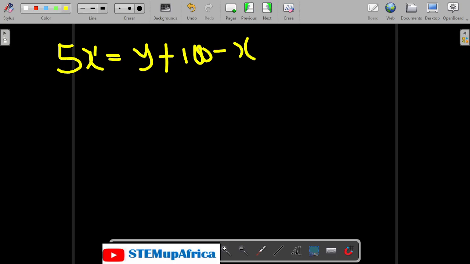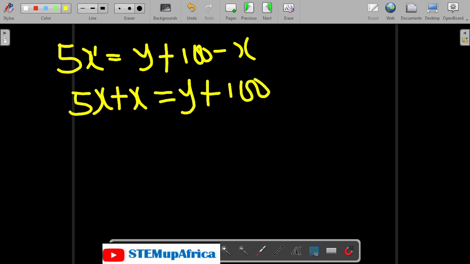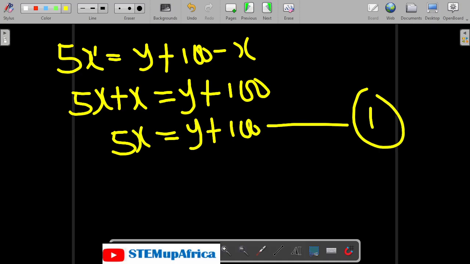From here I collect like terms by introducing x in. I'm having 5x plus x equals y plus 100. So I will have 6x equals y plus 100. Let's call this equation 1. So what next?